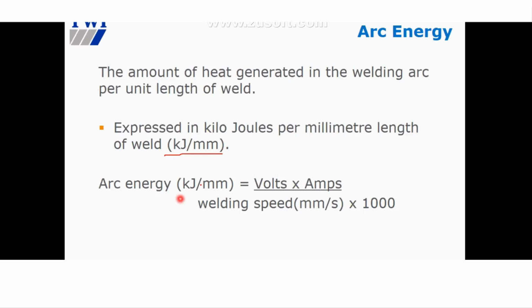Arc energy is volt times amps divided by welding speed, or distance divided by time, and then we times 1000. The reason we need to times 1000 is that the unit must be in kilojoule, not in joule. Clear about this?